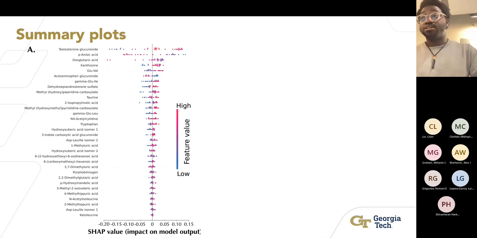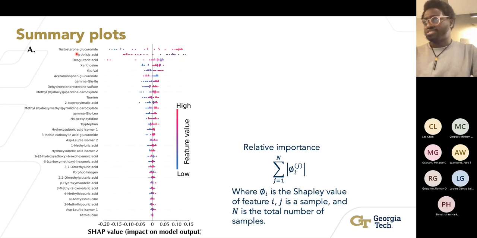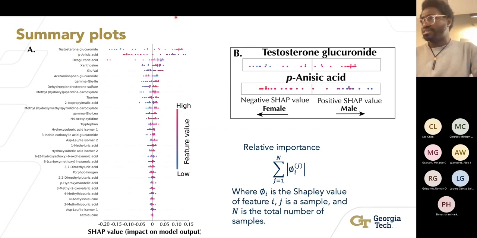Each dot represents a sample for a metabolite, and it's either a low feature value or a high feature value. You can see right off the bat that a metabolite of testosterone is the most important metabolite for this discrimination, which is why I picked it, because it's quite intuitive for many people.